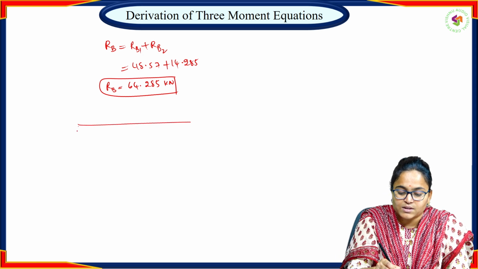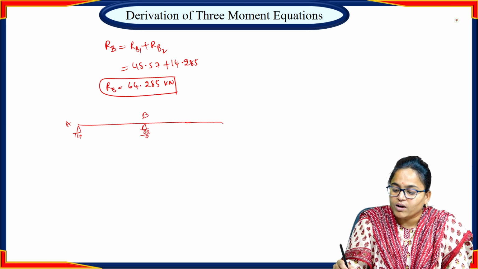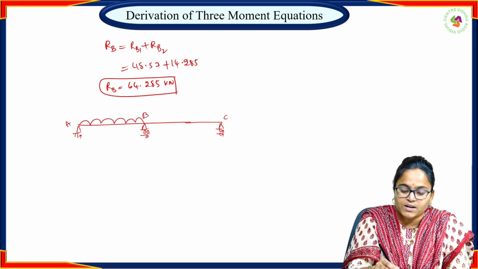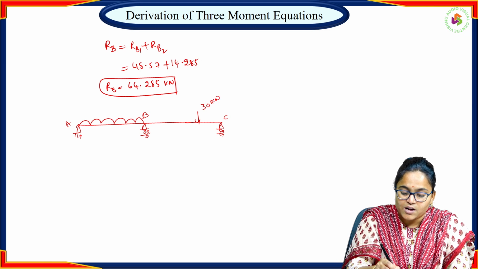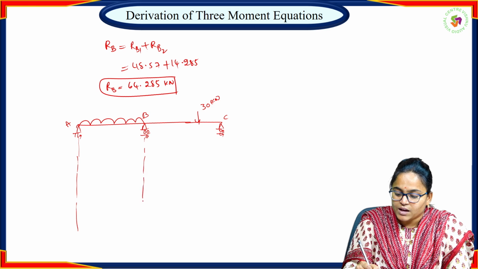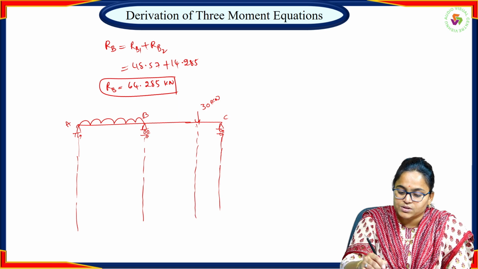Now we want the shear force diagram and bending moment diagram. This is support A, this is support B. While drawing shear force and bending moment diagrams, we have to draw the projection lines from the supports. This is the 30 kilonewton load. Now draw the projection lines from the A, B, C supports and also from the loads.